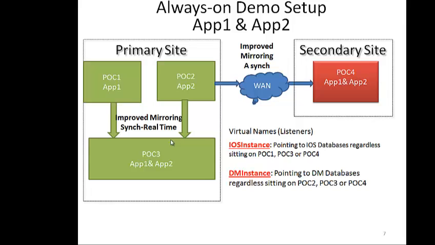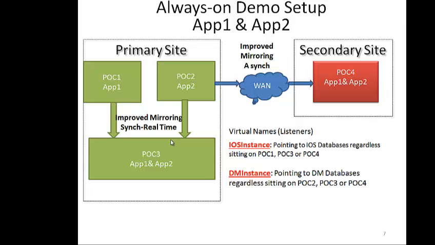So here is our demo. We have two applications, app1 and app2. App1 is holding one database instance, app2 is holding a second database instance. In our demo, we'll be using the server names. I'm using the last four characters of the server name here, but the actual server name is different.